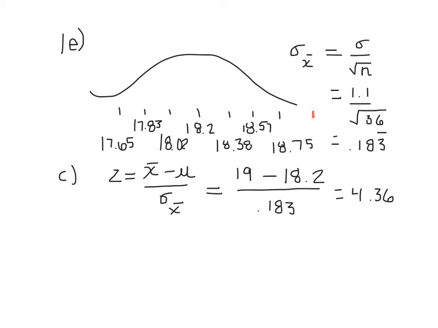So that seems reasonable based upon our picture. In our picture, we recognized that it was definitely more than 3 standard deviations above the mean. Now we see it's actually more than 4 standard deviations above the mean. When you go to your table of standard normal probabilities and you look up a z-score of 4.36, you find that 4.36 is not even on your table. That's because it's so far out there.